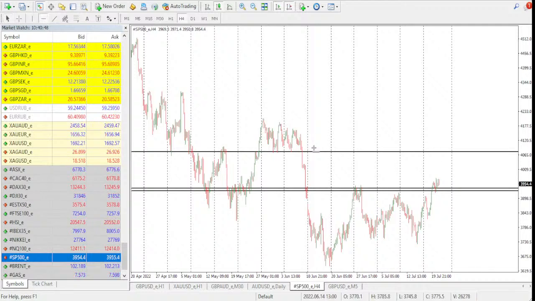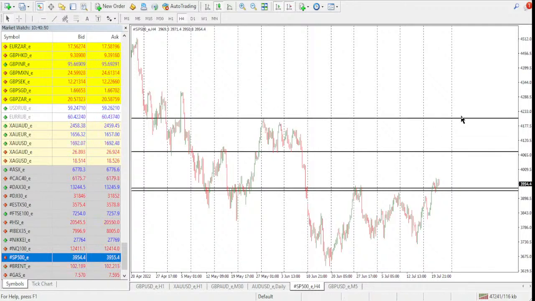If the price breaks above it, then we expect it to continue upwards, at least up to 4205.6. If the price breaks above it, expect it to continue upwards up to the next level.